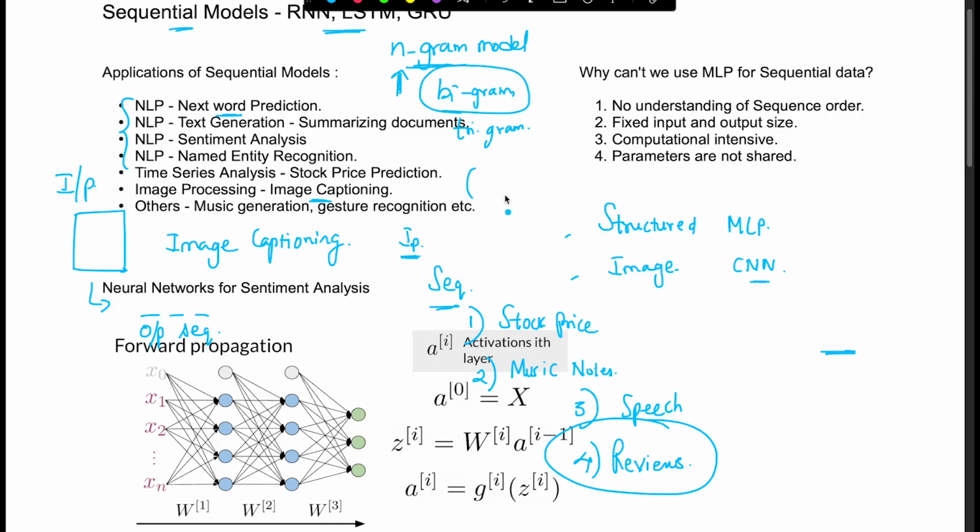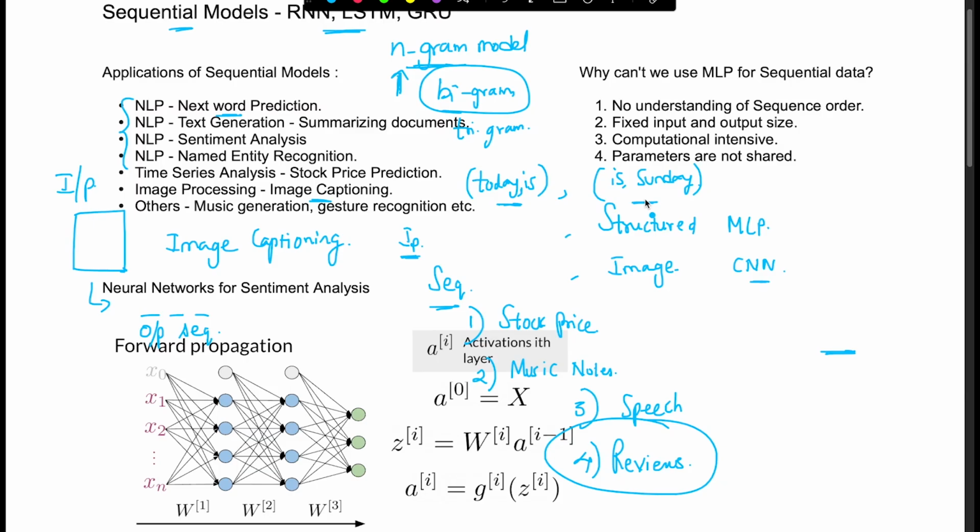At a time, we are considering a pair of words like today, is, right? So these are a pair of words, and we have another pair like is, Sunday. Likewise, within your complete corpus, there could be pairs of different sequential words, right? So today and is follow a particular sequence. Is and Sunday again follow a particular sequence.